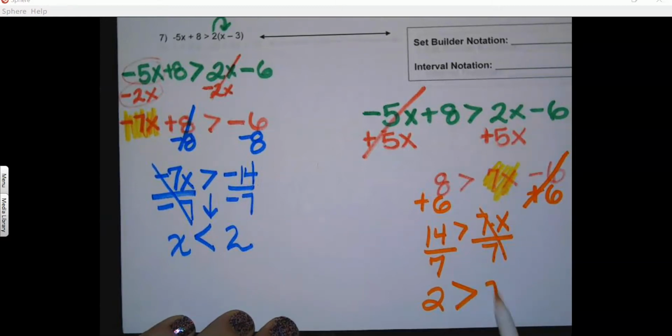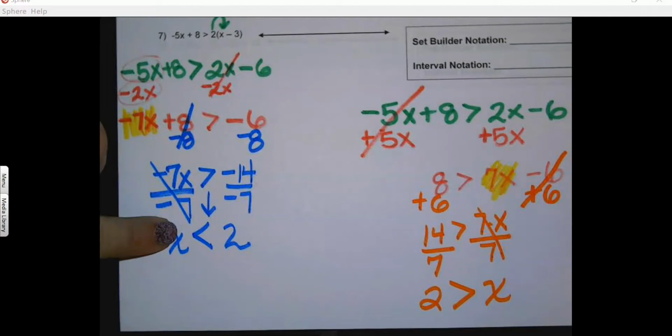But the only thing that's different is that here the x is first and here the x is second. If you want to be less likely to make a mistake on this problem, you should always tell yourself that you want the x to go first on the left.